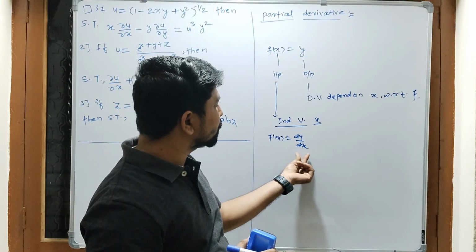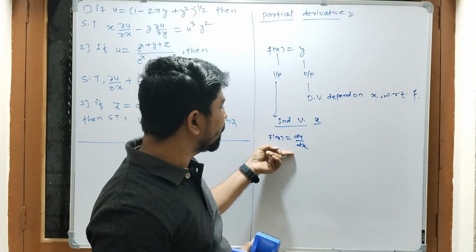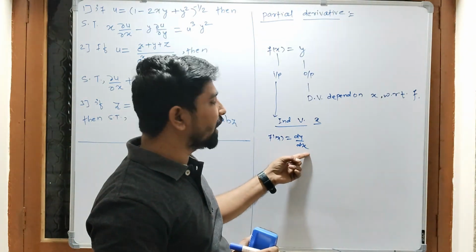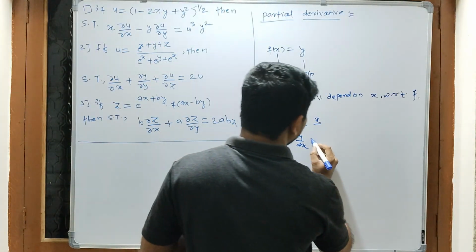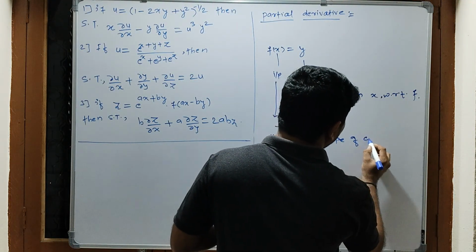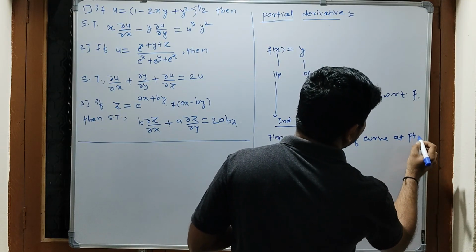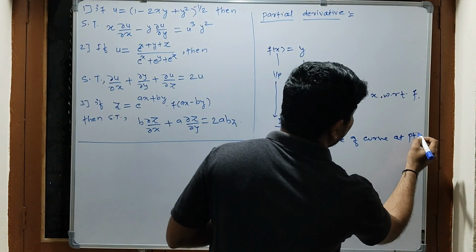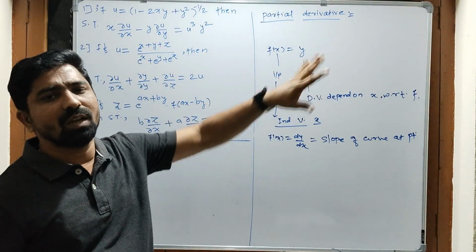So this gives the slope of the curve at a point, in a single direction, that is, in the x direction.